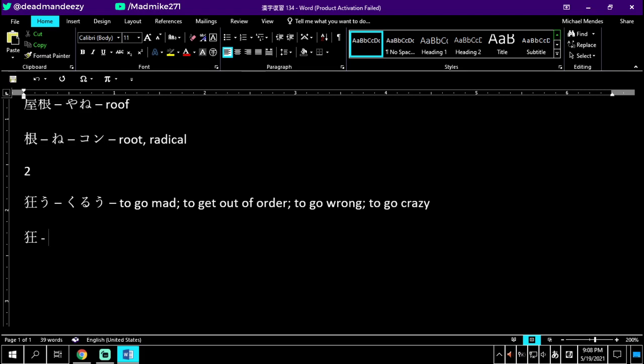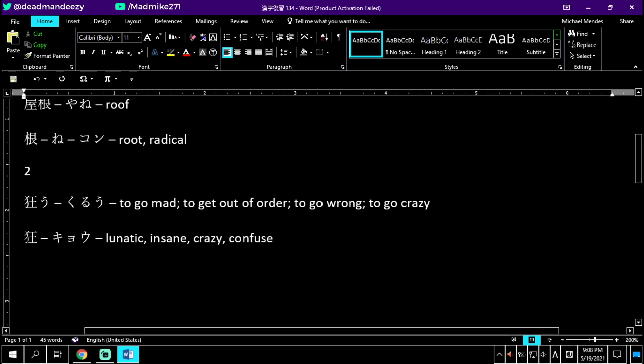So kunyomi kuru, onyomi is kyo. And this means lunatic, insane, crazy, or confused. Lunatic or insane is written as a dog as the master. A dog as the master is insane. Kuru or kyo.